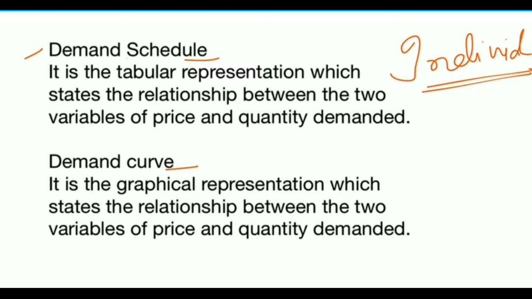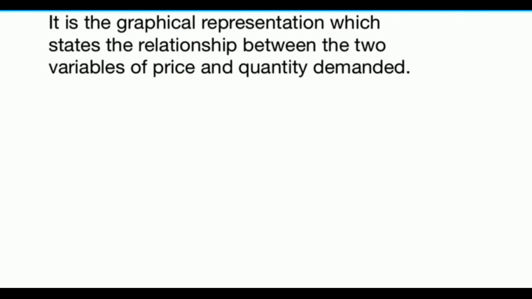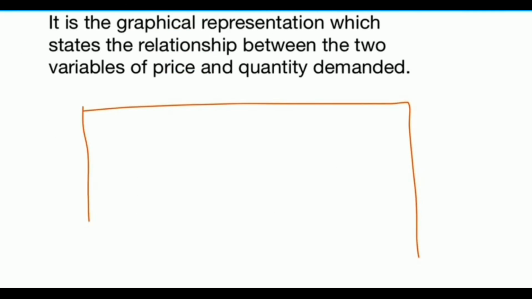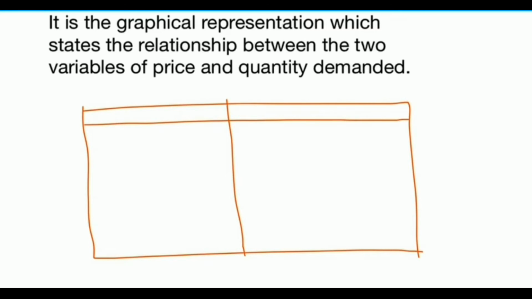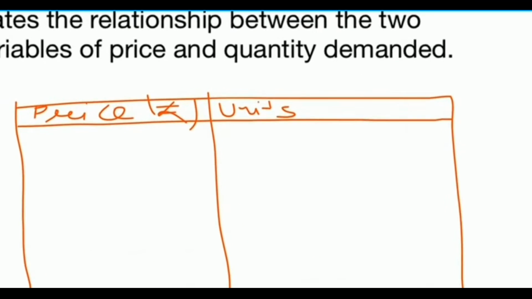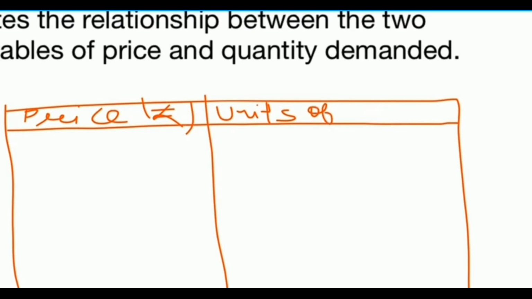So for example, I'll just show what a demand schedule actually is. We represent it like this. This is the price in rupees, obviously, and this will be the units of commodity, or we can say the quantity purchased.